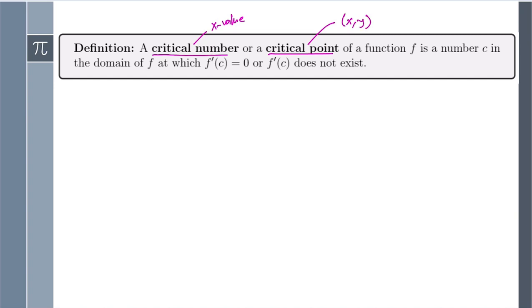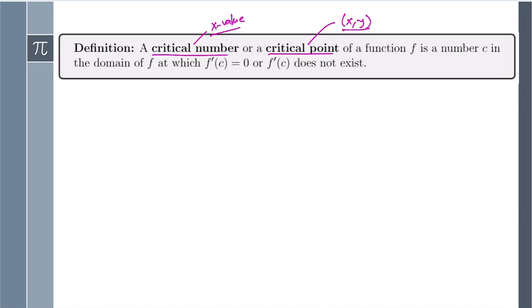So if you are asked to find the critical point, you are finding both x and y. If you're asked to find the critical number, you are just finding the x value. Sometimes people use critical point to refer just to the x value, but in general, critical number means the x value and critical point means the point.